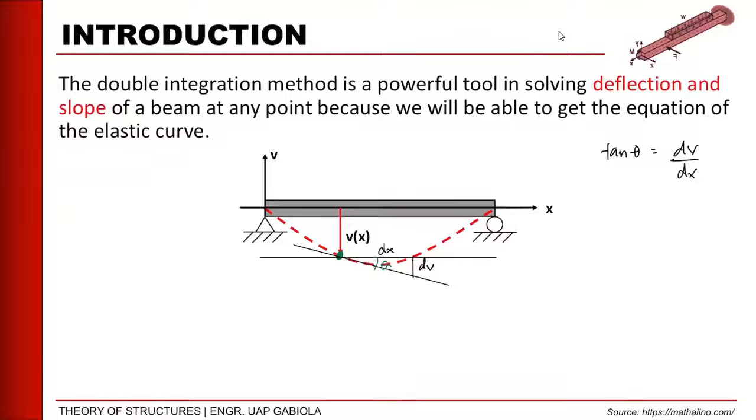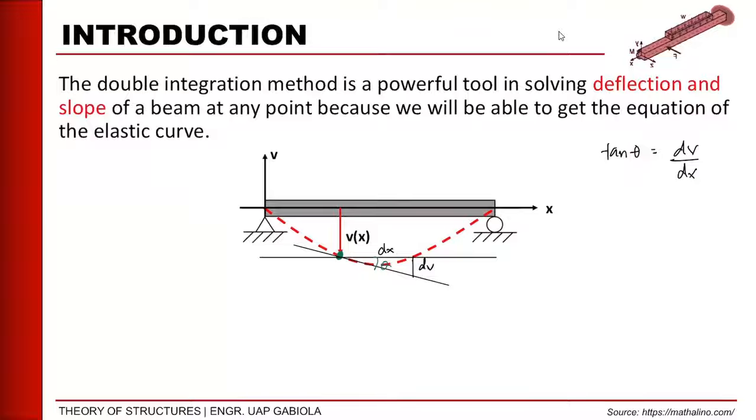And then, according to our assessment before, yung elastic curve natin is just an exaggeration lang ng mismong magiging deflection natin. In real life, hindi siya ganyan kalaki, no? Matakot ka pag ganyan siya kalaki. Usually, hindi siya visible right away sa naked eye. So we can assume na yung value ng theta natin would be very small.